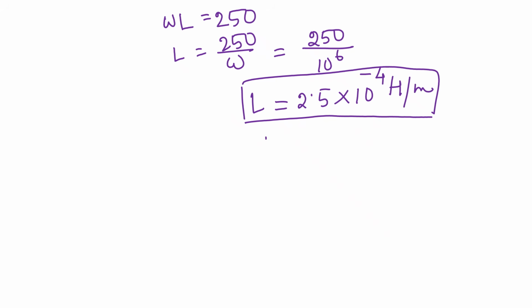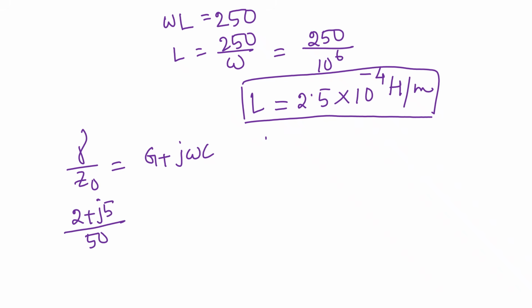Next we will calculate the values of G and C. For that, if we take the ratio of gamma by Z naught, this ratio gives G plus j omega C. So again we replace the values: gamma is 2 plus j5, and Z naught is 50.